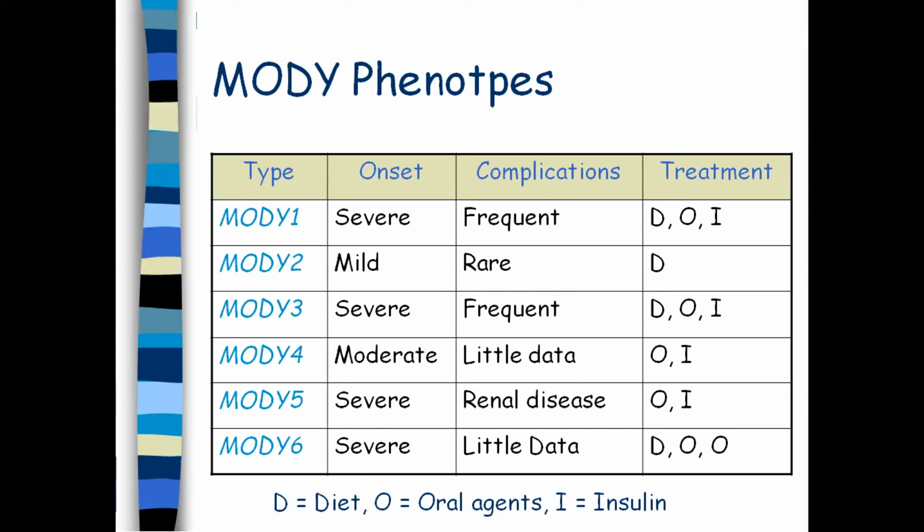In most cases, MODY6 is severe and requires diet and oral agents for better glycemic control. While in some cases we need insulin injection for better glycemic control.